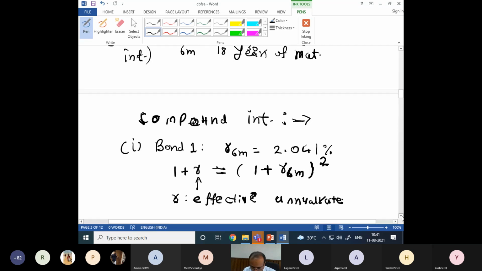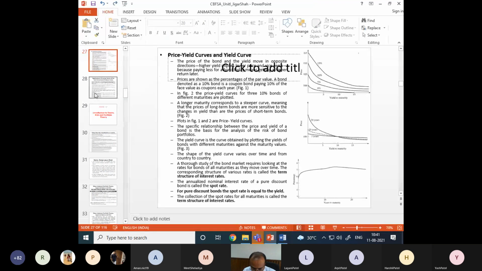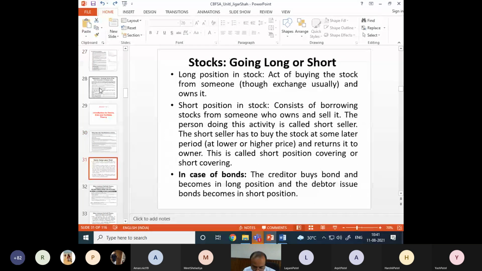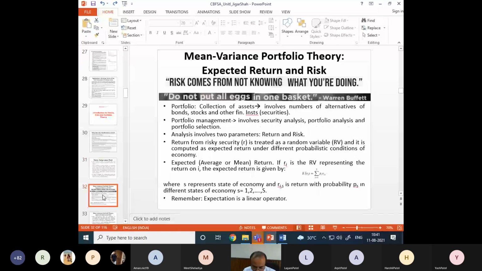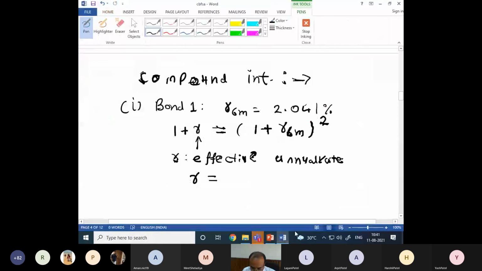So in that way, now R 6 months is available, I can find this R. So this way I can convert it into the compound interest rate. If you calculate, you will get this value. So you do it yourself and compare with my calculation. So that compound rate will be 4.123%.